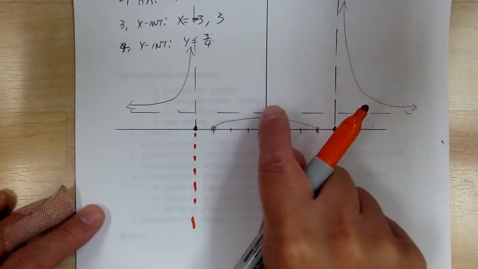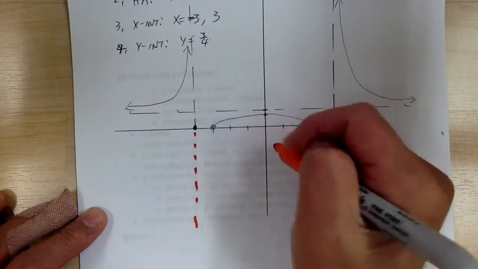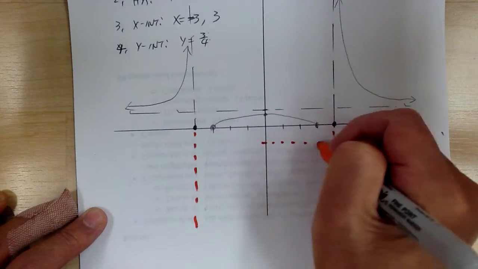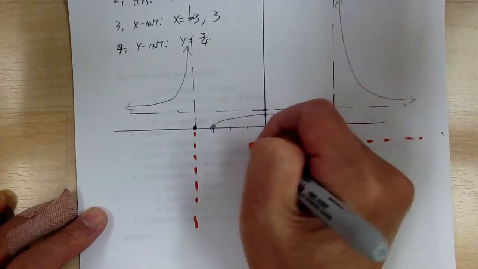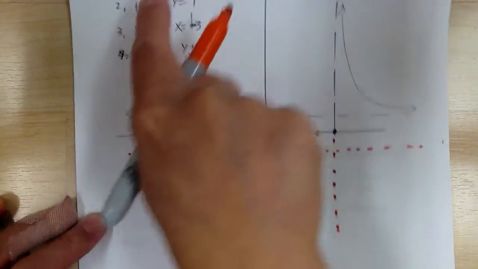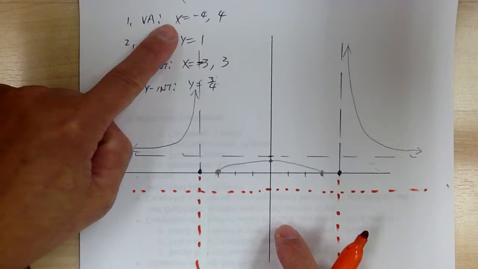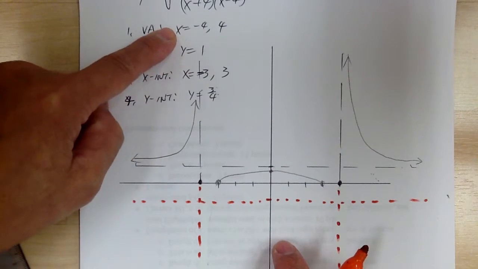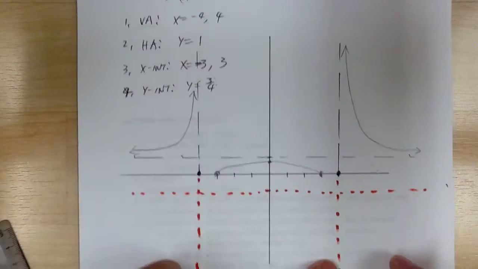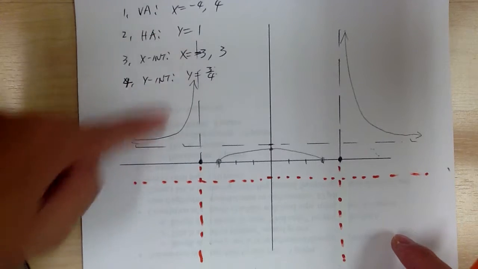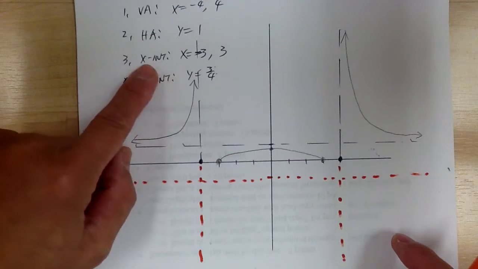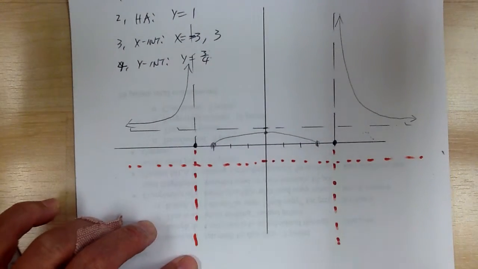Next, you want to flip over the horizontal asymptote. So again, just go through the steps. First, you reflect the vertical asymptote, flip over the horizontal asymptote, flip over the intercept.